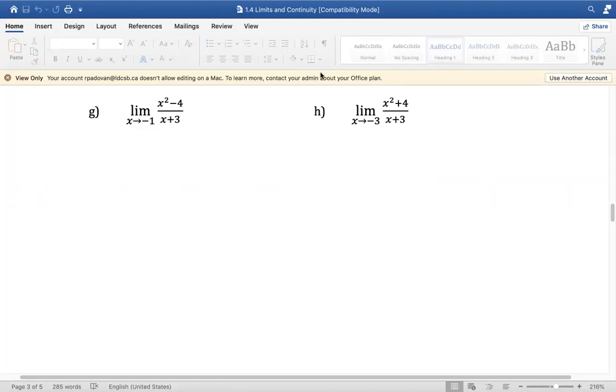Let's look at some rational expressions in G and H here to figure out if we have continuity or if it's discontinuous. So I have the limit as x is approaching -1 of (x squared minus 4) over (x plus 3). If I'm approaching -1, the first thing I want to do is sub in -1 for my x.